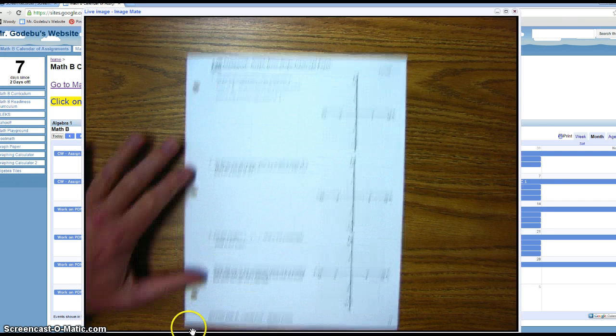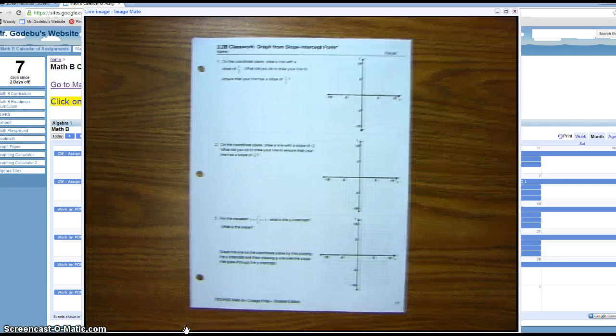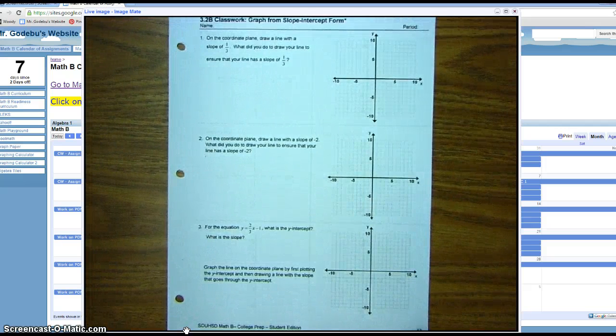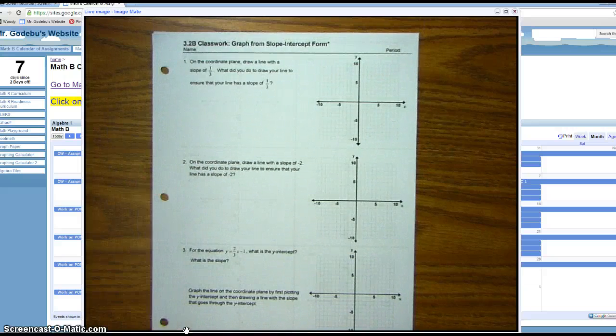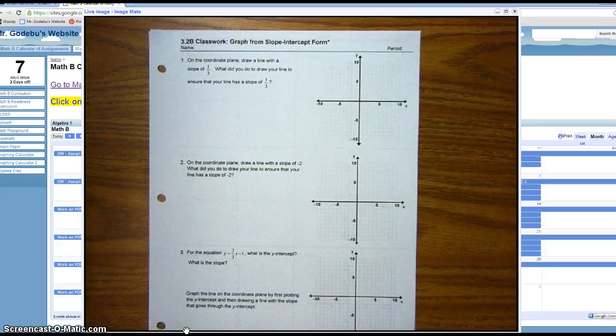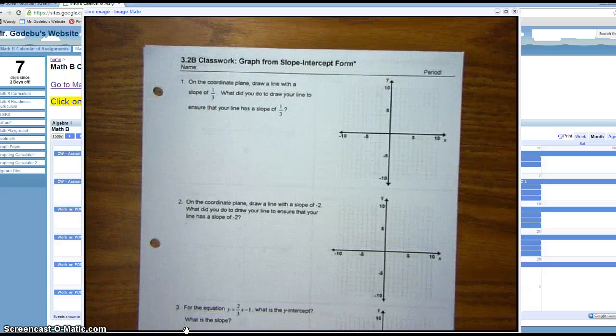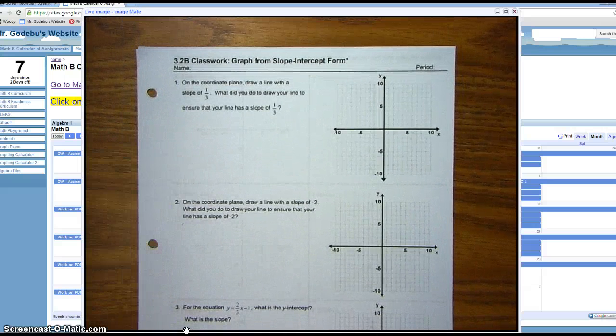Alright, so if you go ahead and open up your binders to page 57. 3.2B, classwork, graph from the slope-intercept form. You can press pause if you need to get caught up here.